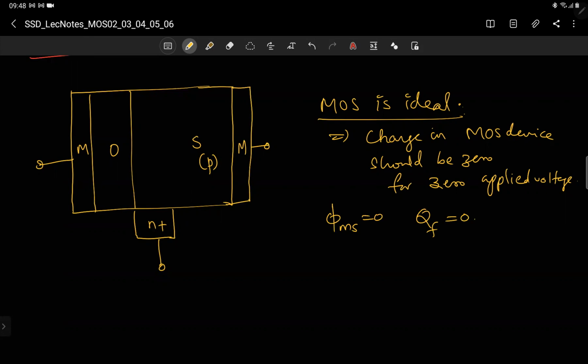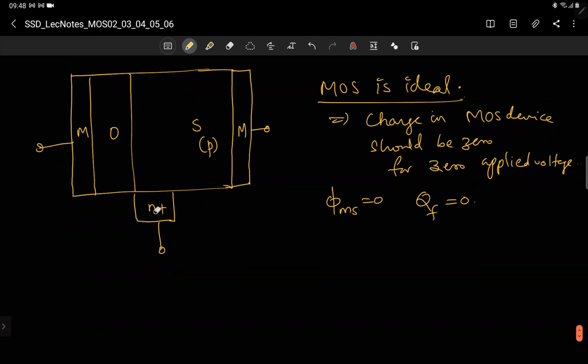So ideal. Now there is this N plus and then P, and N plus will have to be there because you want to contact electrons, and this is an N plus P junction. So it is not that you will not have any charge in the P type semiconductor now, because this N plus P will have a depletion charge like this. Since this is N plus, most of the depletion will be on the P side, and there will be a small depletion here on the N side.